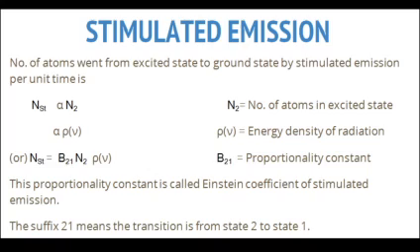So NST equals B21 N2 rho of nu, where B21 is the proportionality constant. This proportionality constant is also called the Einstein coefficient of stimulated emission. The suffix 21 means the transition occurred from the excited state to the ground state, that is, upper energy level to lower energy level, or state 2 to state 1.